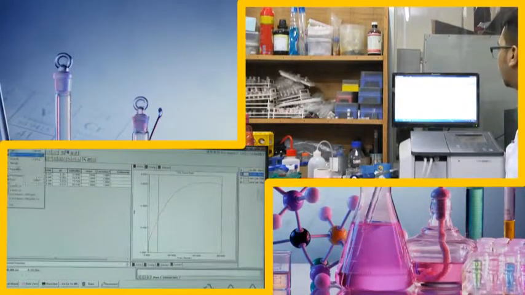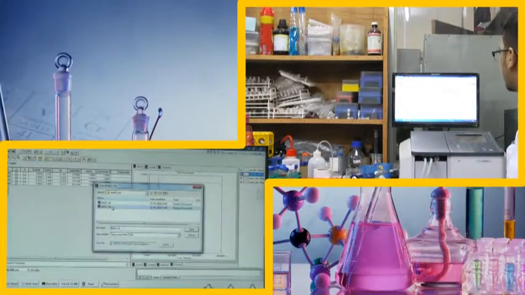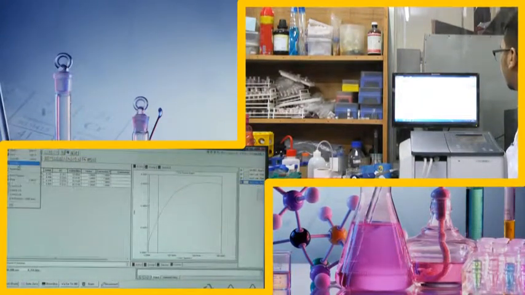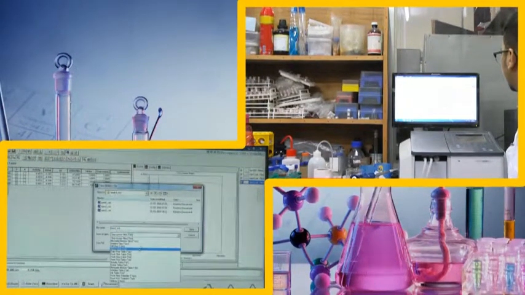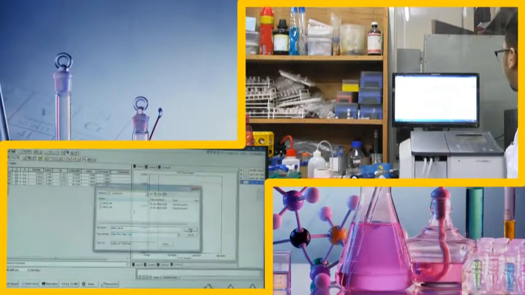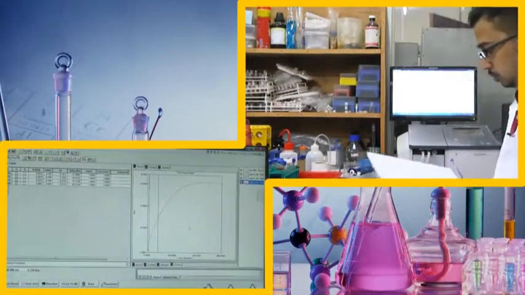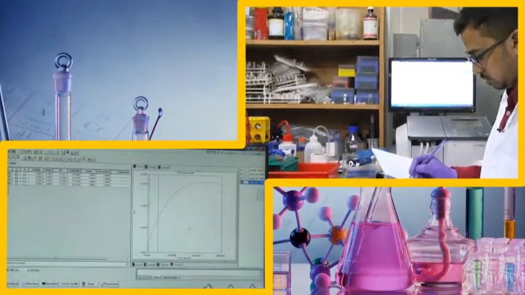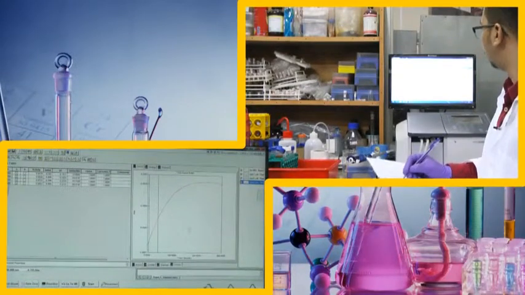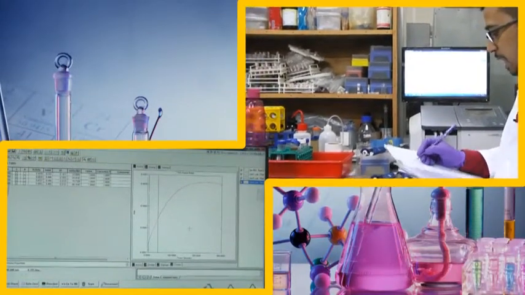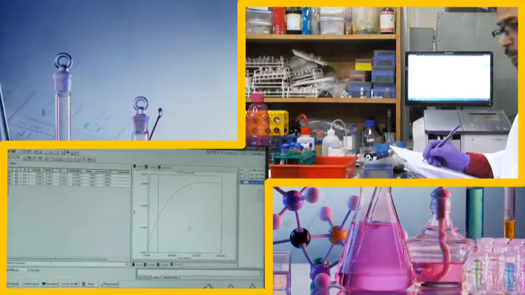So, we have to again save this one as sample 3, in the data text file, and we are again noting down the activity is 0.085, whereas the milliabsorbance per minute is 85.31.